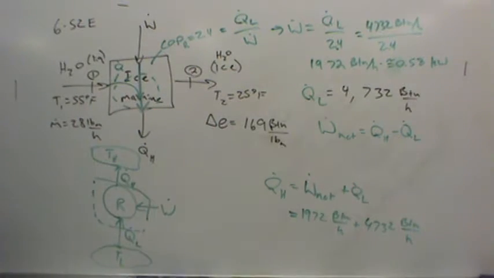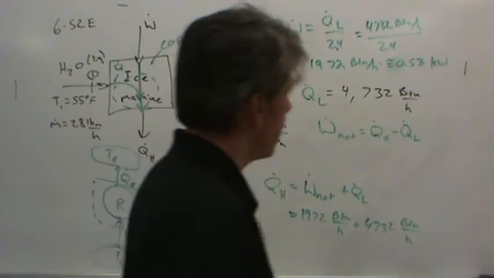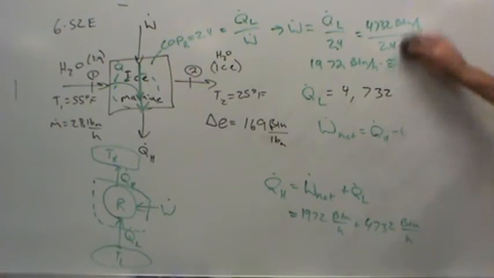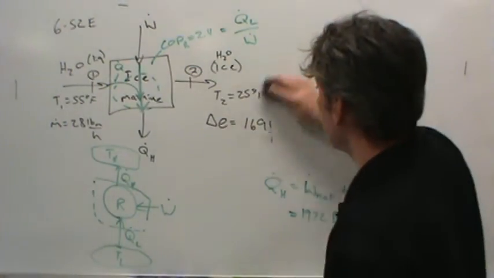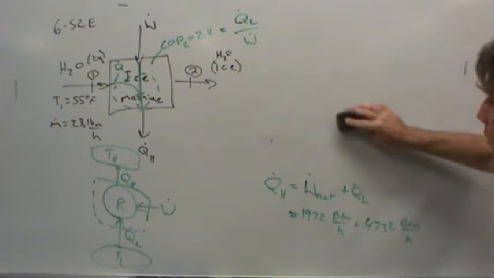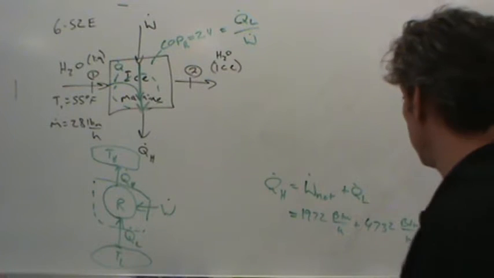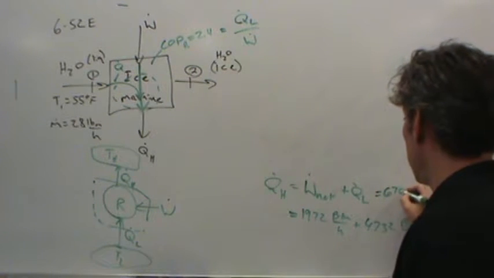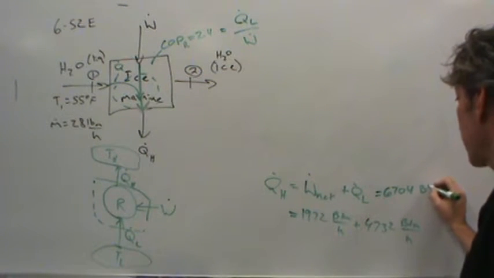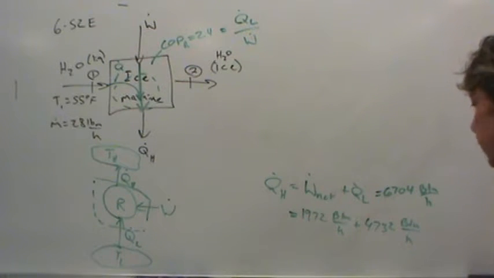So grab your calculators, please, and just add those two numbers together. Let's see what you get. In fact, we'll continue with a few calculations around this. Some other things we can talk about. 6,704 BTUs per hour. Okay.